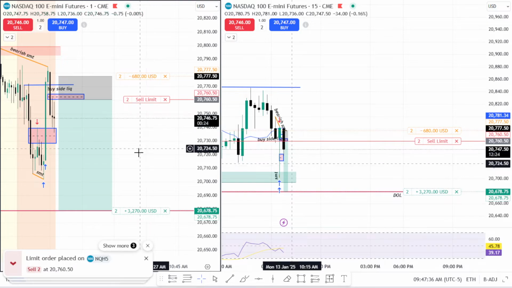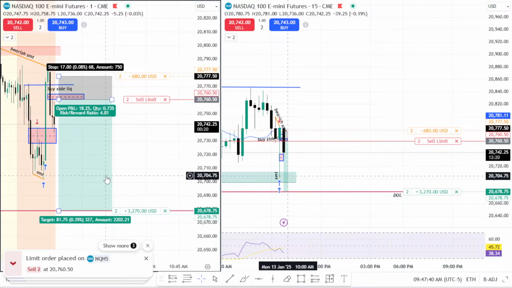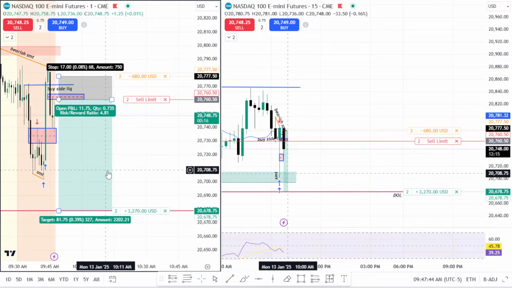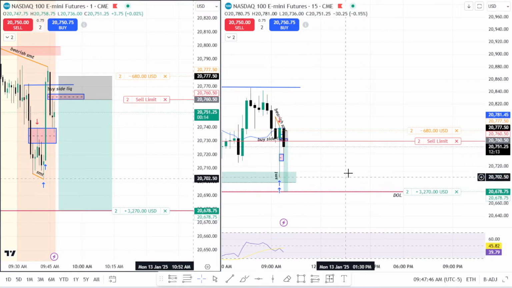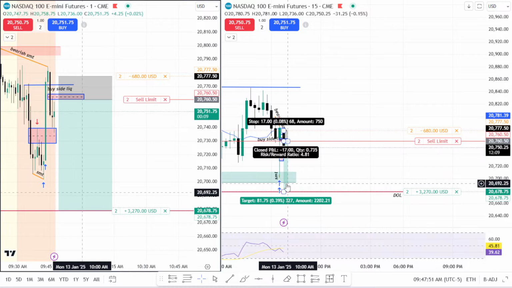See if it will retrace here into this gap. Boom, boom, boom. At this low here.